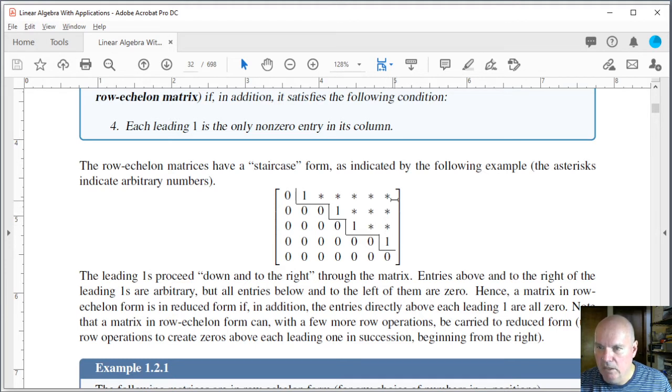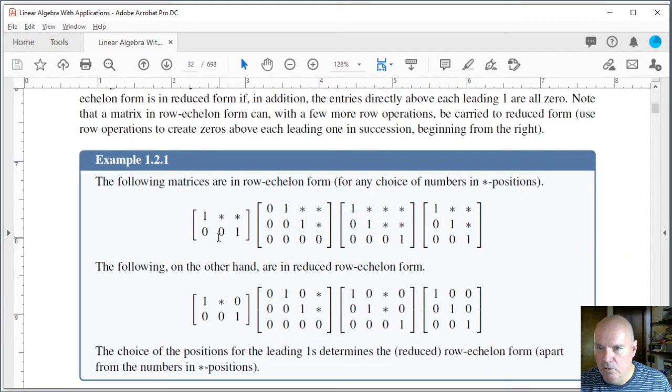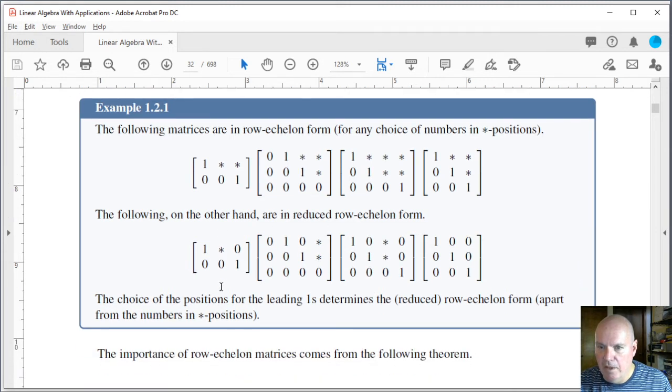And then likewise, I can use this fourth row to eliminate the elements in the last column above that leading one. So here's some other examples of row echelon form. The asterisks just represent any numbers, but we've got in each row a leading one and then just zeros below that. And then in the reduced row echelon form, you'll notice above and below the leading ones, we have zeros.